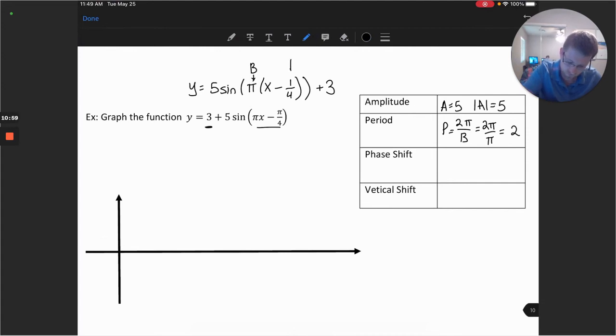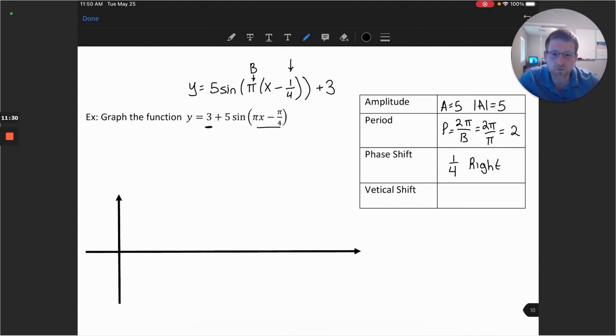This is our phase shift right here, and that would be 1/4. Phase shift of 1/4. So we are shifting again here to the right, 1/4 unit. And remember that phase shift is always kind of the opposite sign that you think it will be there. So that negative 1/4 really shifts it to the right 1/4.